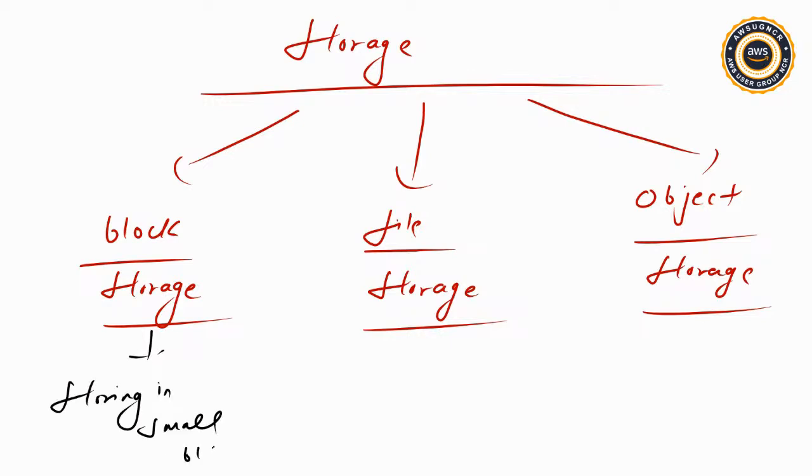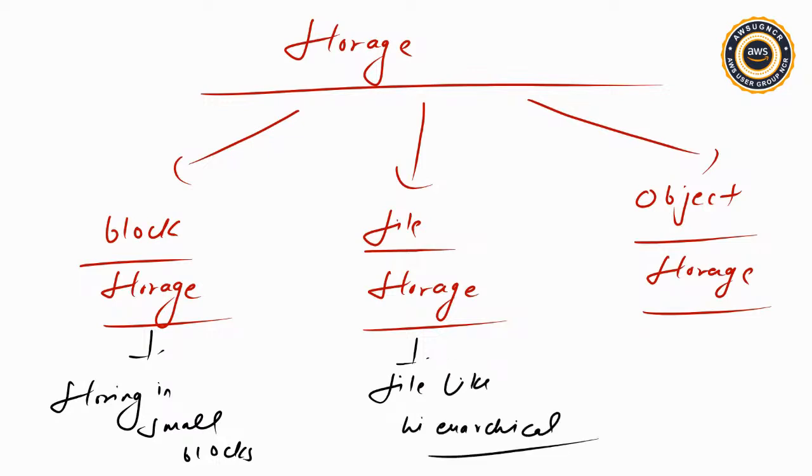Okay, file storage means storing the data in file like hierarchical structure. Okay, and object storage means you are storing the unstructured data or data in binary form, you can say.